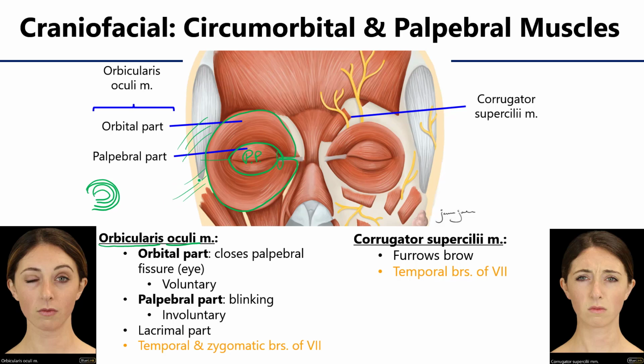So as the palpebral fissure is a landmark for denoting where temporal versus zygomatic branches are, it's not too much of a stretch to remember that both temporal and zygomatic branches of the facial nerve innervate orbicularis oculi.